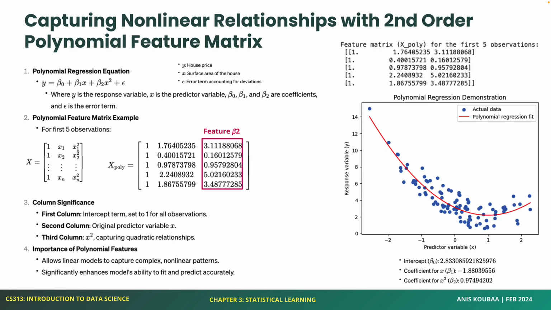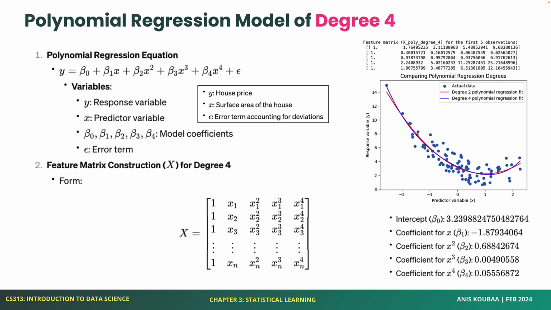This one tried to find a quadratic relationship, and this one says probably there is a more complicated relation. Let's try degree 4 and see whether it can give a better loss. This model has 5 parameters. These are the optimal parameters. The red represents the second degree, and the blue line represents the 4th degree polynomial regression fit.